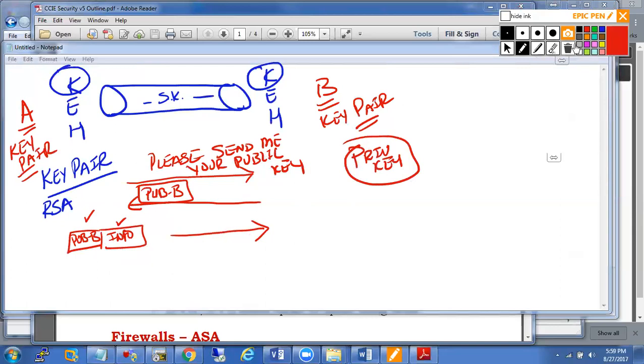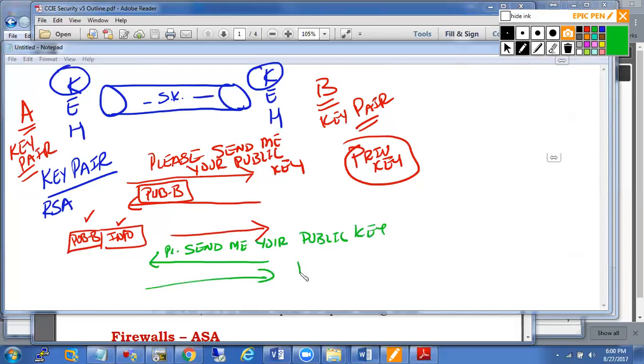Now, once this one side is done, I need B to send data to whom? To A as well. So what does B do? Please send me your public key. A sends what?